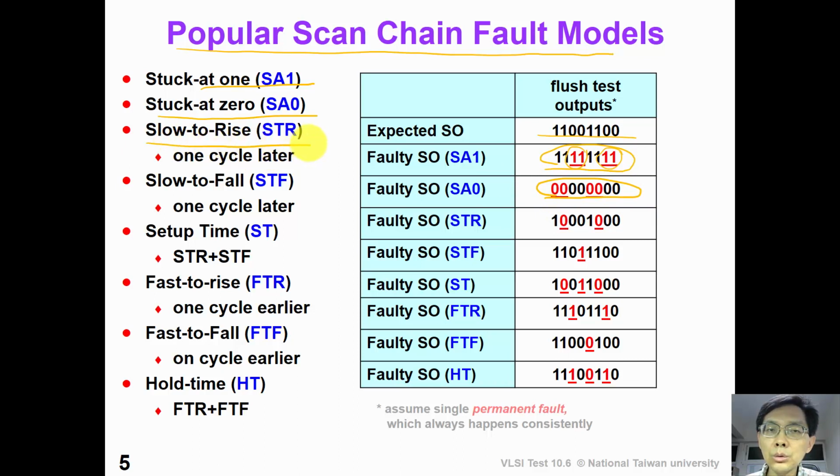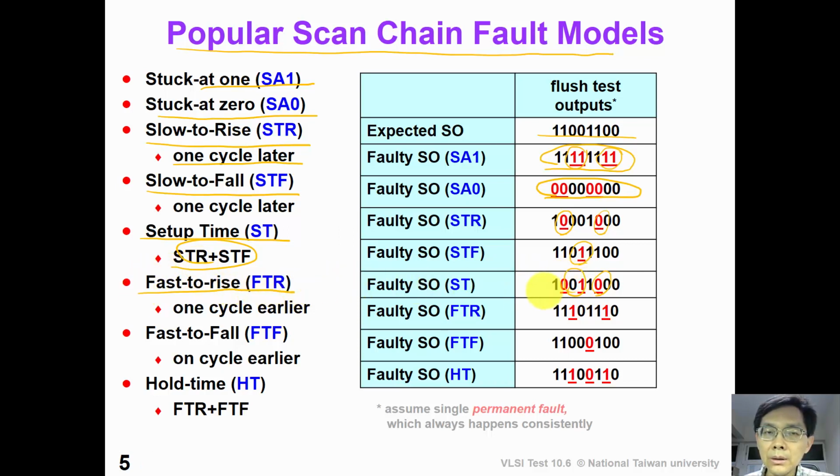Suppose we have a slow-to-rise fault, which is 1 cycle later than expected, then we would have this kind of scan output where the rising transition is 1 cycle later than expected. Similarly, if we have a slow-to-fall fault, the falling transition will be 1 cycle later. The setup time fault, ST, is a combination of both slow-to-rise and slow-to-fall faults.